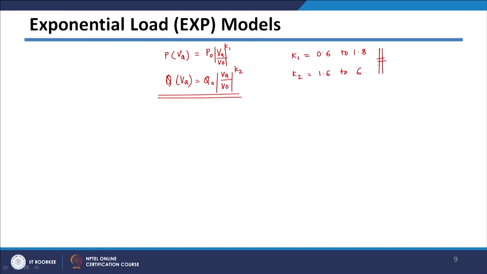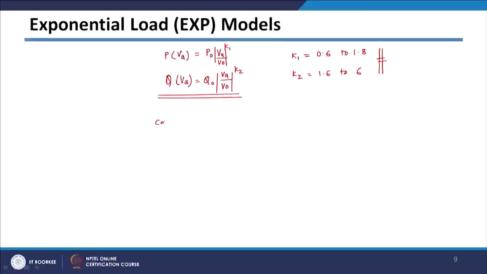Depending upon your load pattern, they can also be estimated: if you know the variation of powers with respect to variation of voltage and those curves are available, by a curve fitting technique you can get the coefficients K1 and K2.